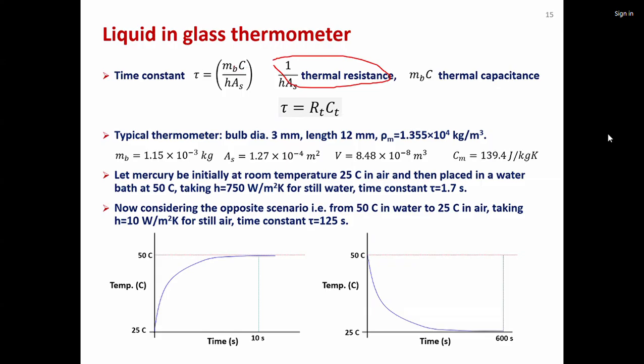And the numerator, mass times specific heat, is known as thermal capacitance. So the product of thermal capacitance and thermal resistance gives you the time constant.